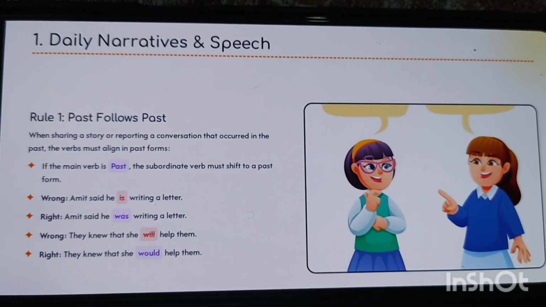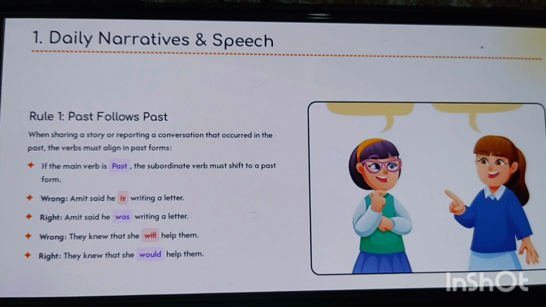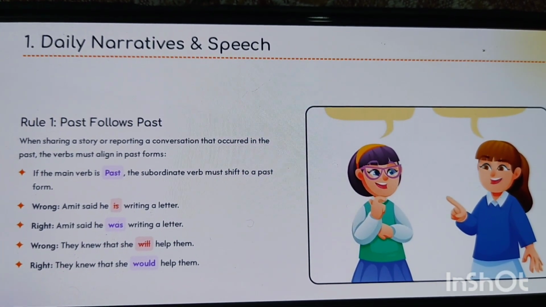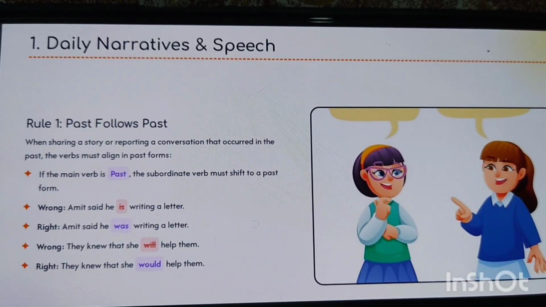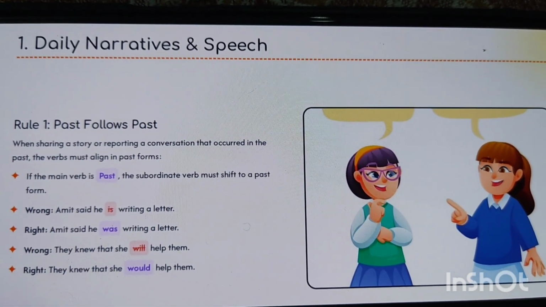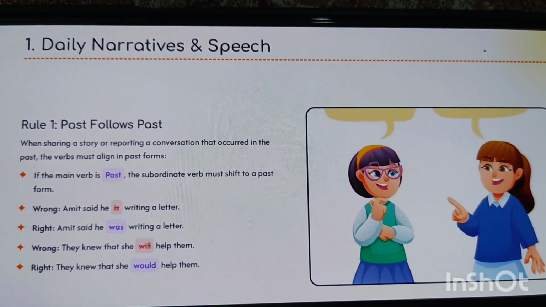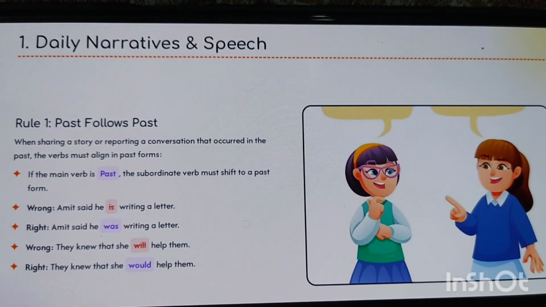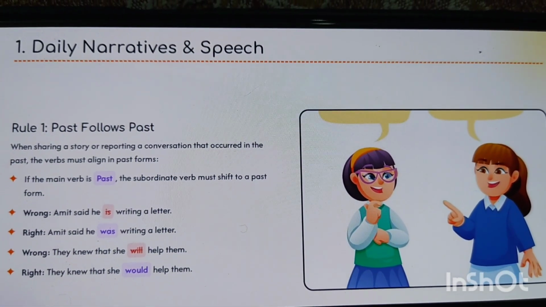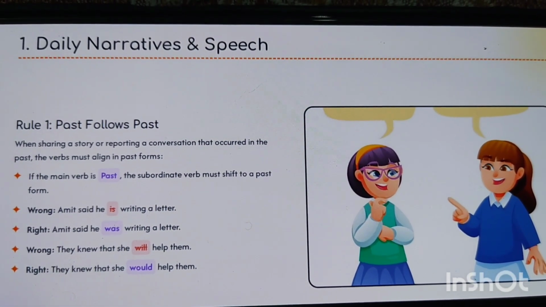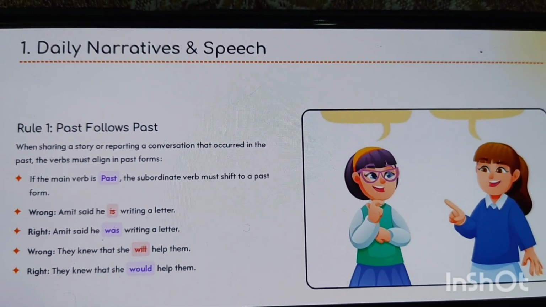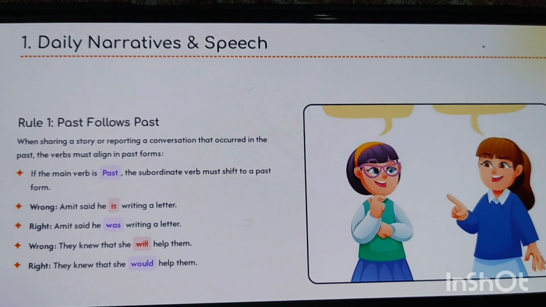If I say, Amit said he is writing a letter. Students, this is wrong. The right sentence will be, Amit said, as it is already given, said, he was. So the subordinate verb also will be in the past tense, that is, was writing a letter.